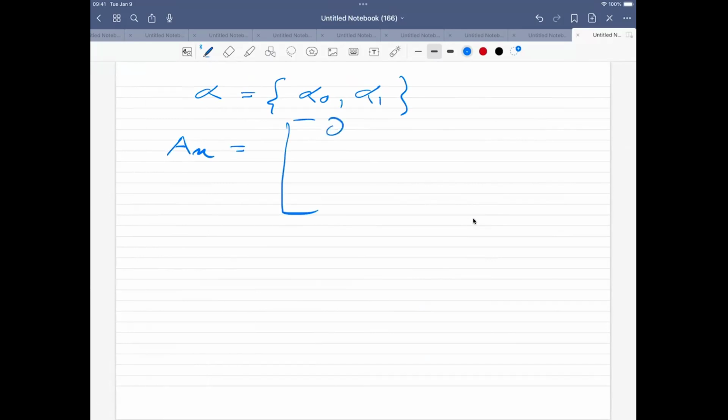So this is going to be given by the derivative of E with respect to alpha 0. And this is evaluated at alpha equal to alpha n. So we should put the subscript. So this alpha of n is now given by alpha 0 n and alpha 1 after iteration n.